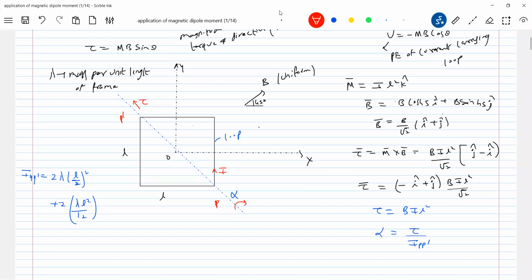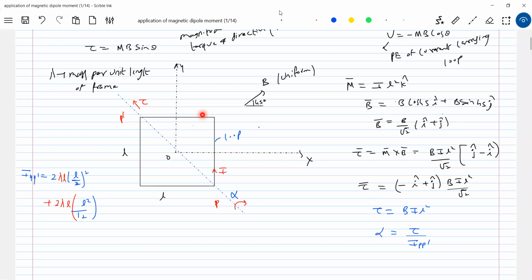So lambda L is the mass. Check this one. What is the mass of this rod? Lambda L. At what distance is it from the y-axis? L by 2. Similarly this side also. So 2 lambda L by 2 whole square.